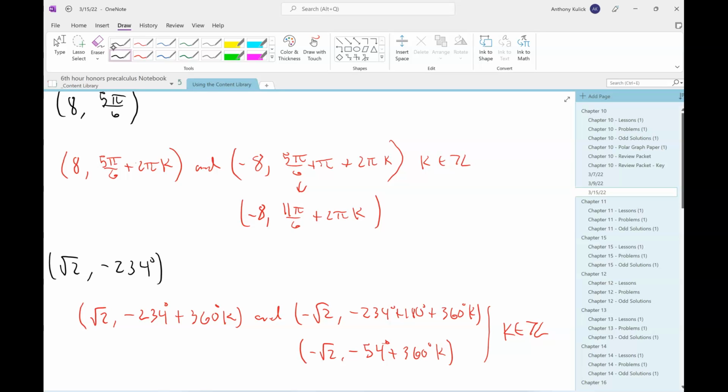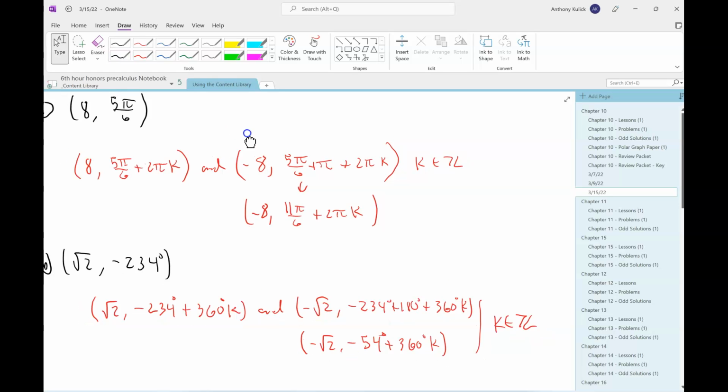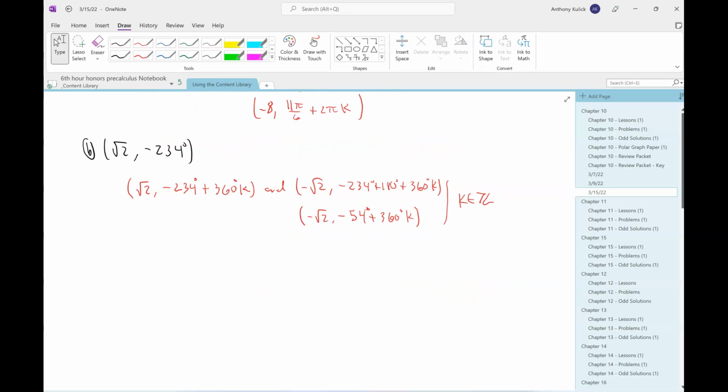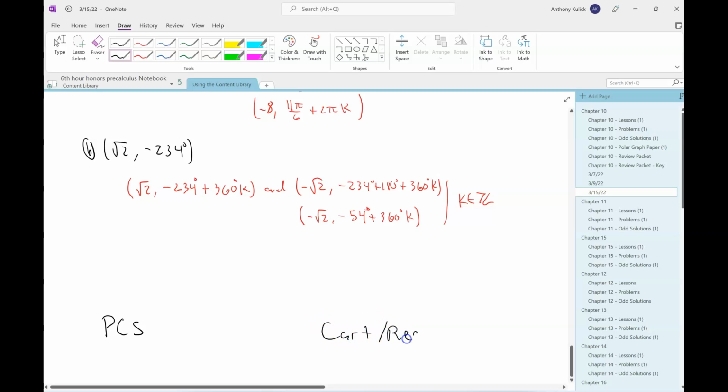So now we have these two coordinate systems. We're comfortable plotting points in both of them. What do you suppose we need to now do? Go back and forth between the two coordinate systems. Absolutely. So we have our polar coordinate system, and we have our Cartesian, or sometimes we'll call this rectangular coordinate system, depending on who's writing.